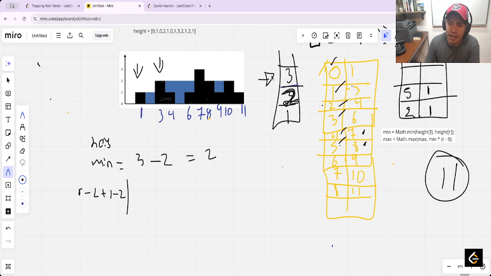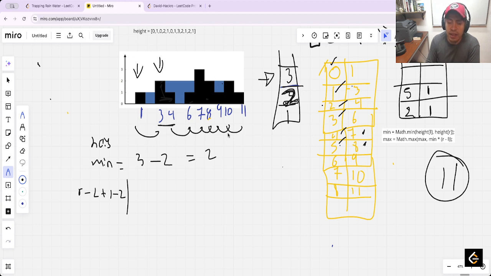I think I need to apply two calculations. The first is between the barriers, the pair basically. This is a pair, this is another pair, and another.